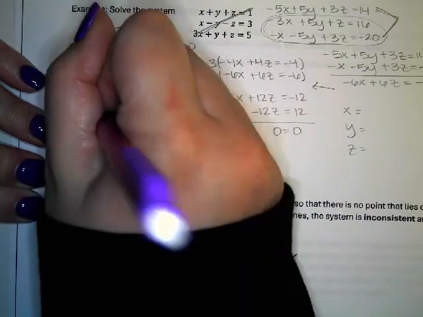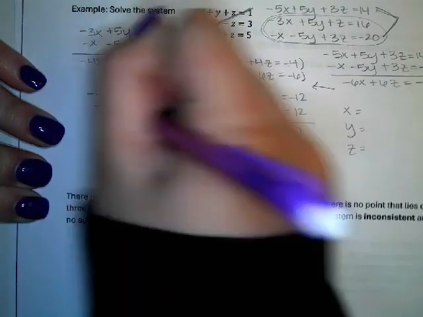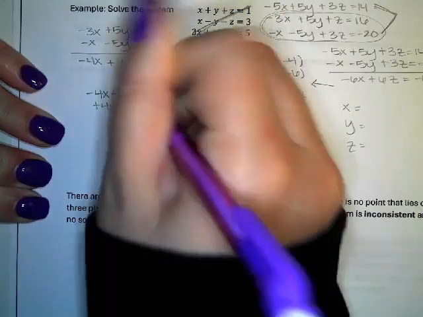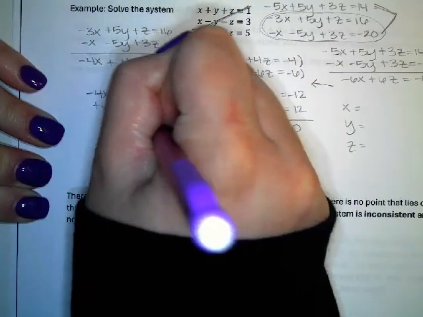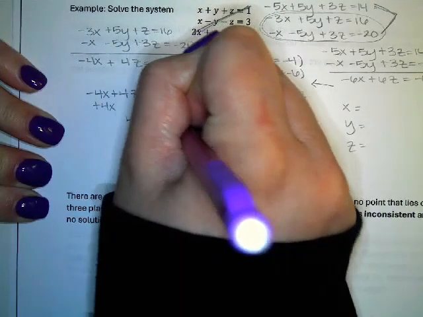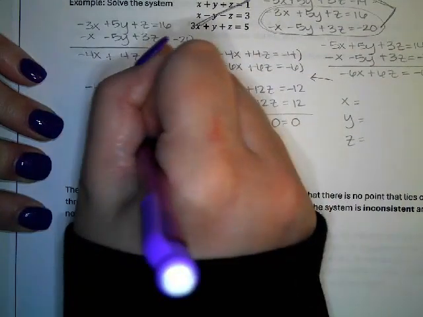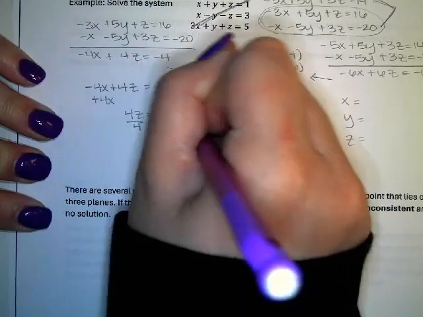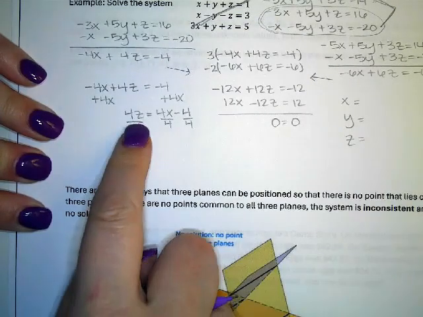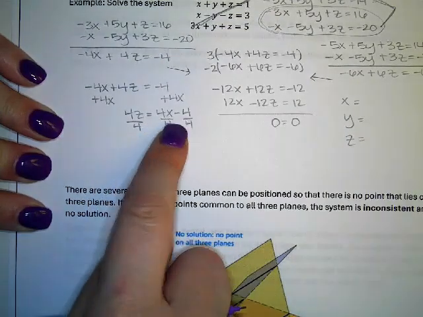So 4z equals 4x minus 4. And then I'll divide by 4. So z is x minus 1. That means the x is just x.